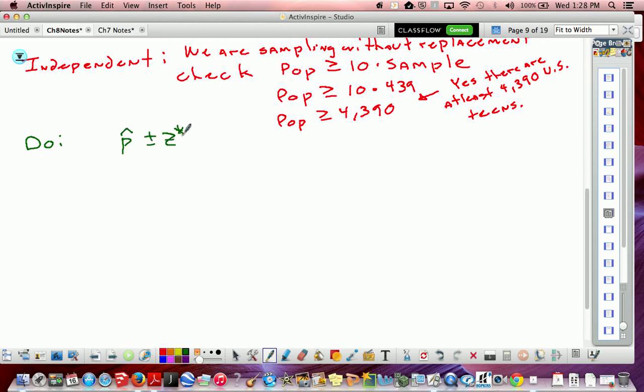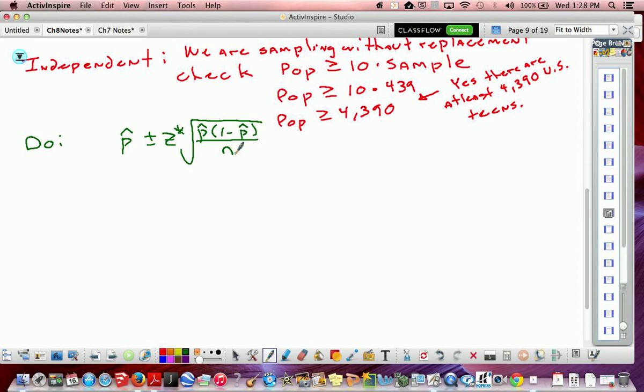Is there a way we can do that on the calculator? You can plug in the numbers. Wait, how do you know if there's more than 4,000? Because we're talking United States. Oh, that's why.